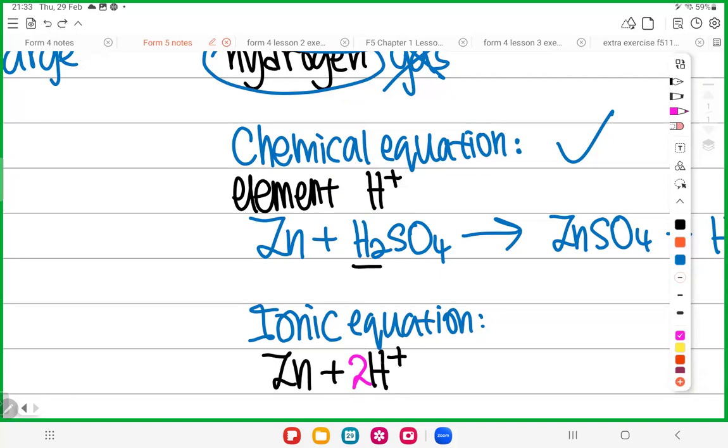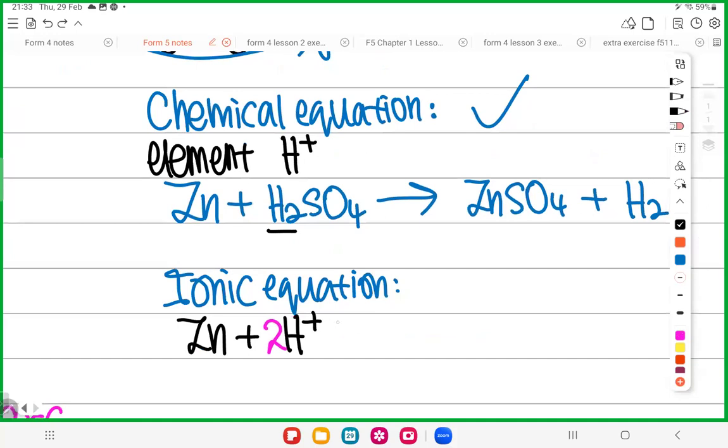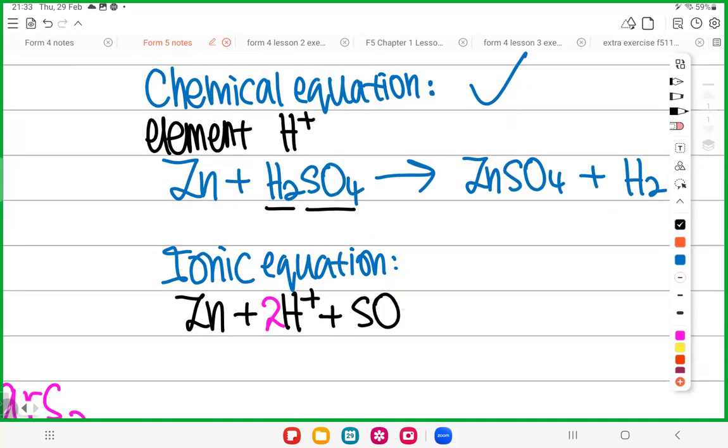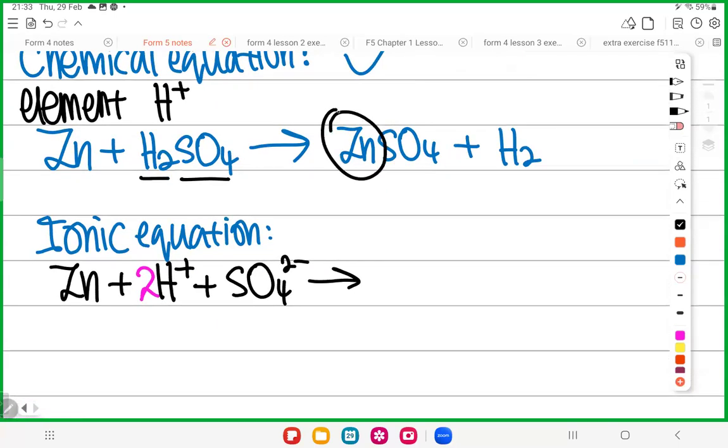Okay, next one. So what else do we have, everyone? SO4, what's the charge? SO4 2-. Okay? So now, left-hand side, done. Go to right-hand side. What is the charge for zinc? Zn2+. The charge for SO4, 2-.